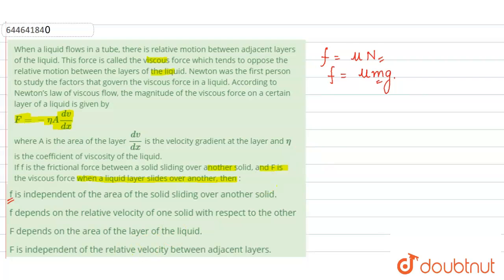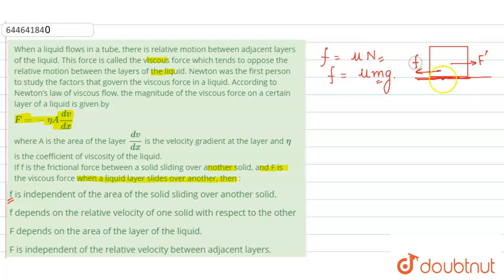So suppose that we have a block and it is placed on a horizontal surface, right? So there is friction between these surfaces, right? If this block tends to slide due to any force, say F dash, then there will be a friction force which is opposing its relative motion.